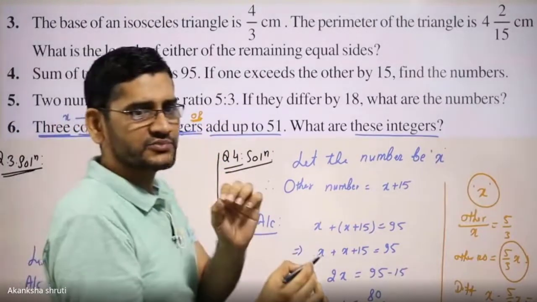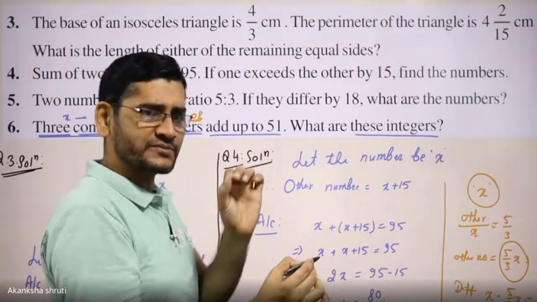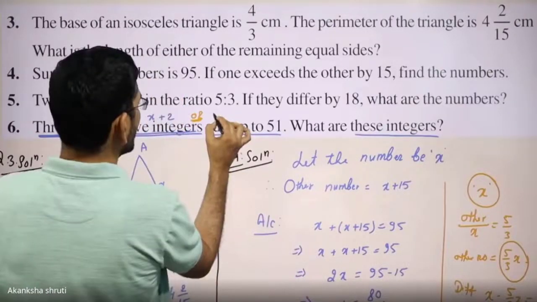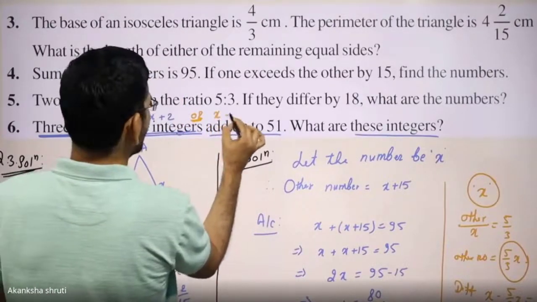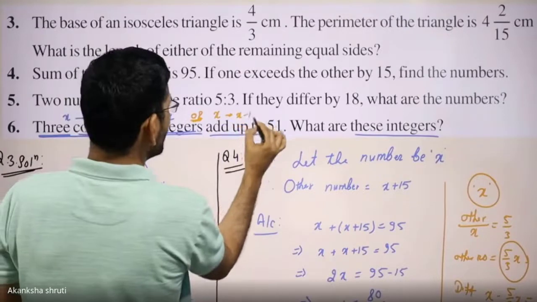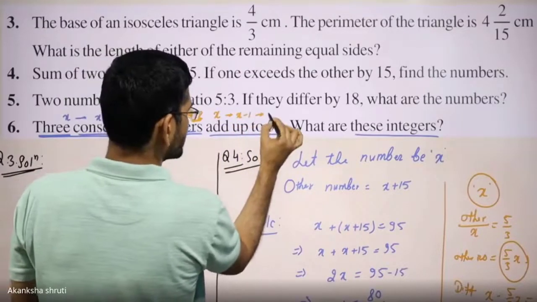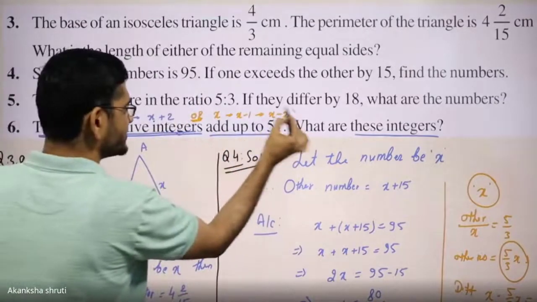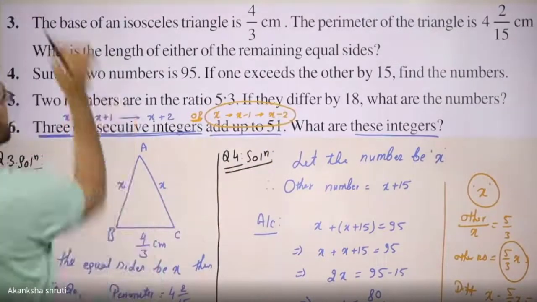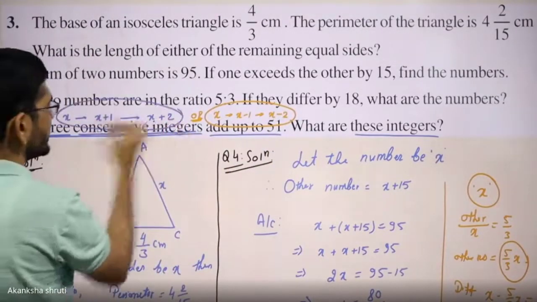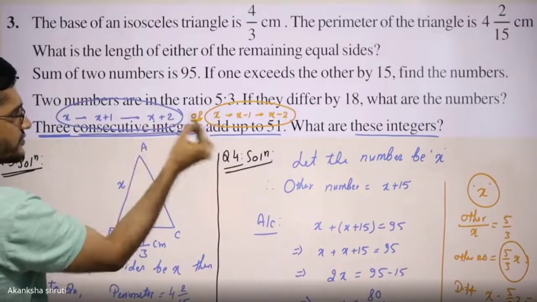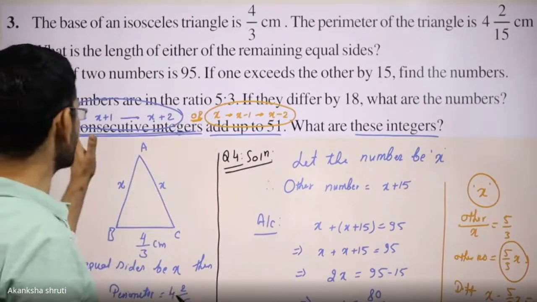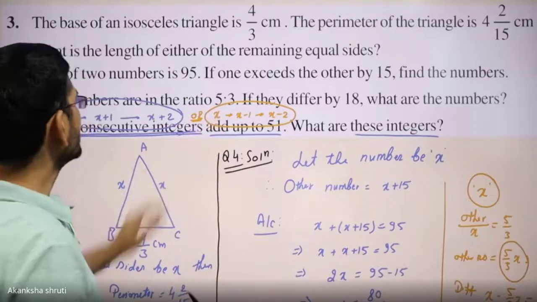Say one is 5, what is consecutive? Just behind that, it could be 4. You may assume x, then the other as x minus 1, then the other, one more lesser, x minus 2. But be careful, either you take this set or this set, but do not take one from this and the other from this.